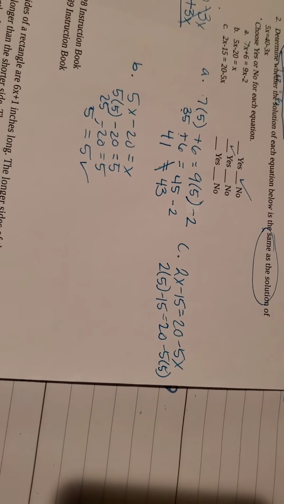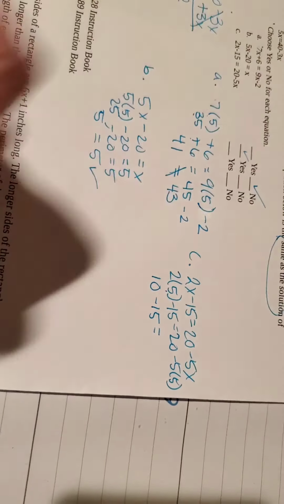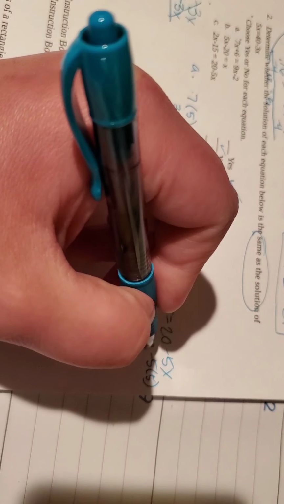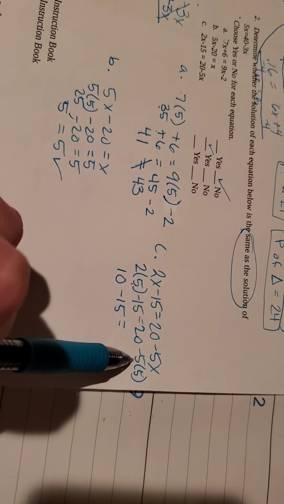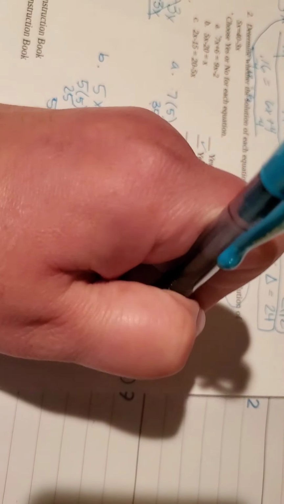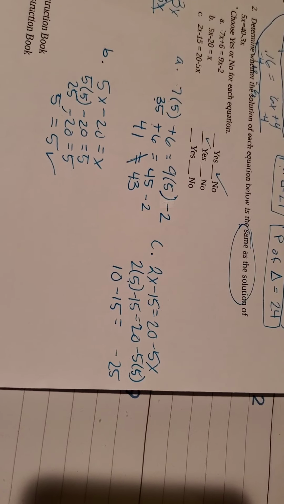Okay, and then we can simplify. So 2 times 5, that gives us 10. Then we have negative 5 times 5, which is 25. Oh, and then I've got to bring down the 20.